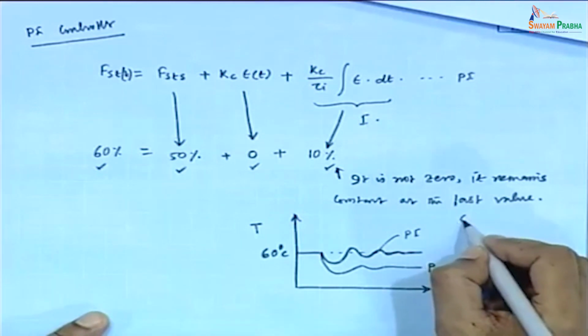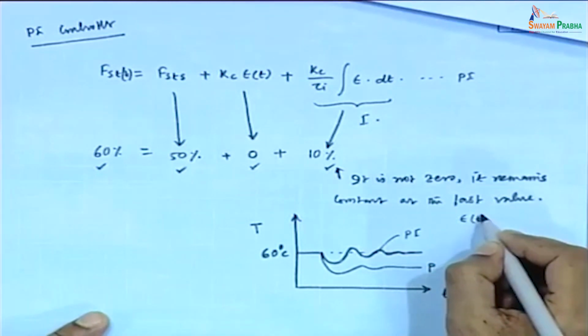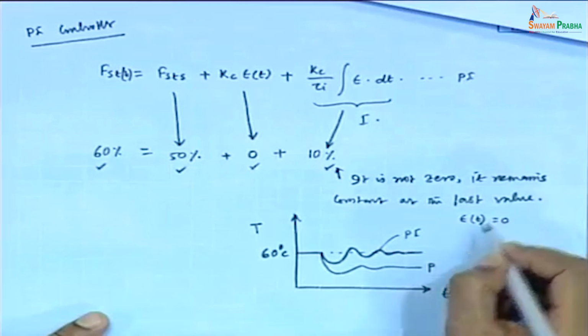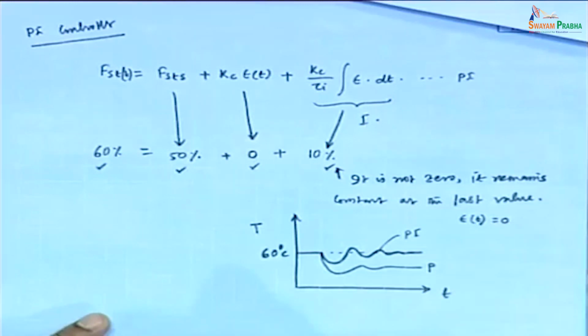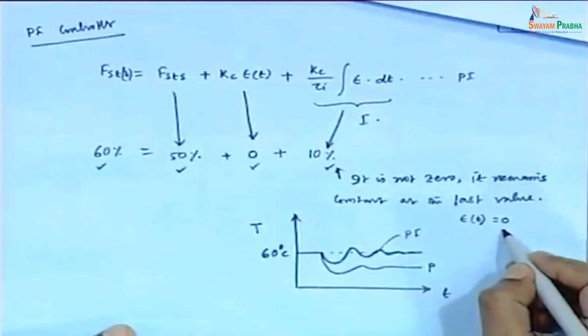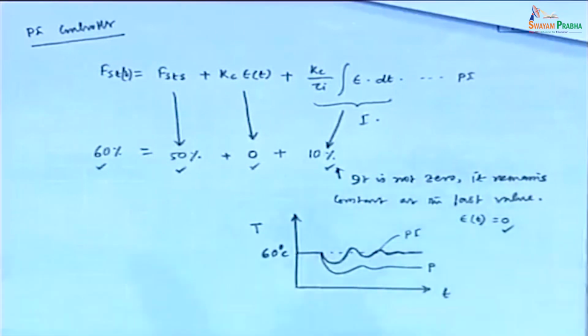I mean, epsilon at the last time step is 0, but the sum of remaining errors, previous errors, provides 10%. The last error, that is epsilon t, equal to 0, fine, and the sum of previous errors provides 10% opening.